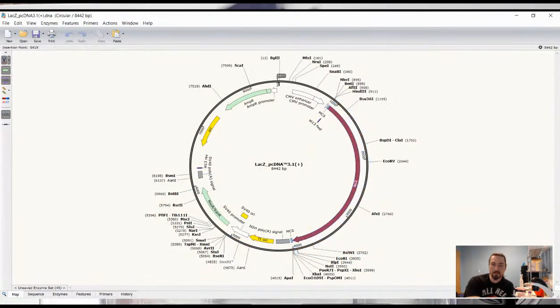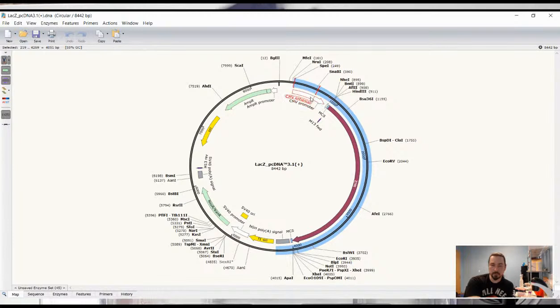Okay, so here's that E. coli portion, right? Ampicillin resistance, ampicillin resistance promoter, origin of replication. Here's the G418 resistance gene and its promoter, terminator. And here is LAC-Z, which is an E. coli gene.